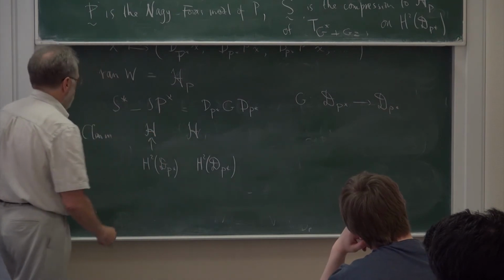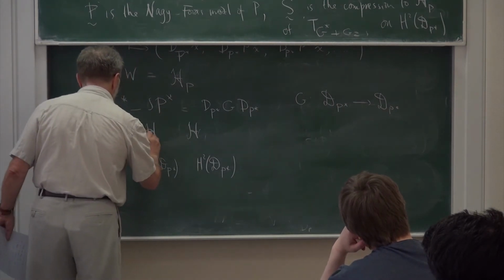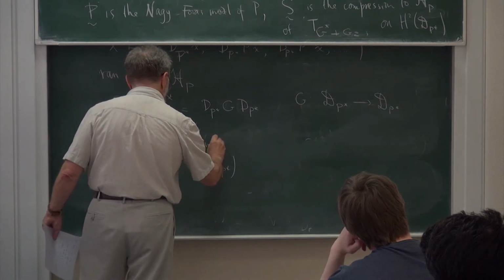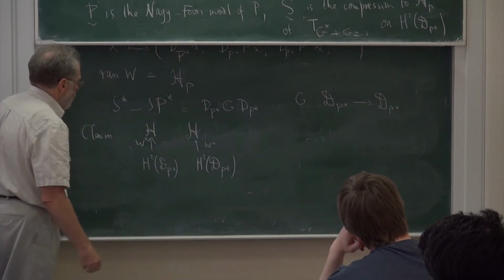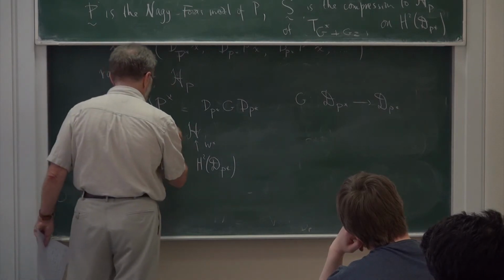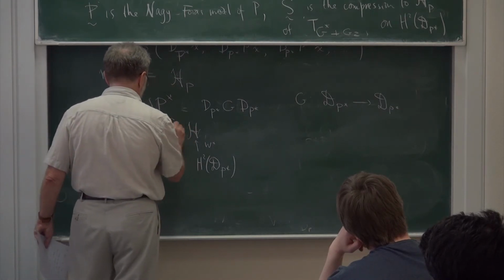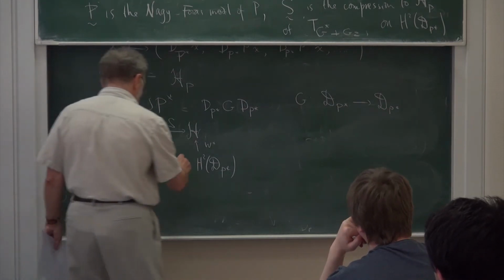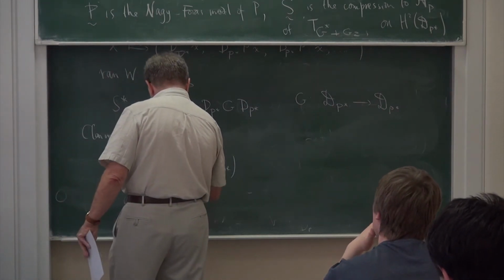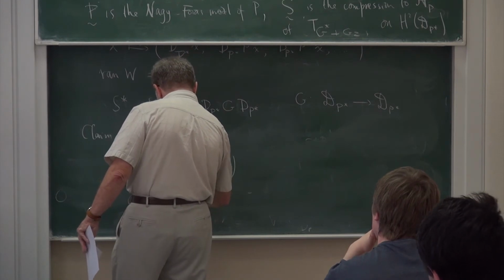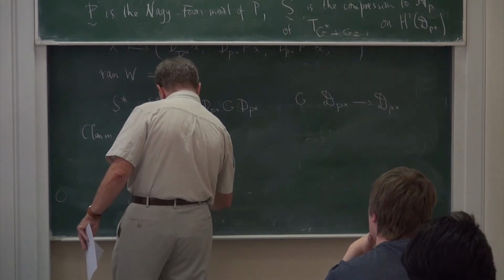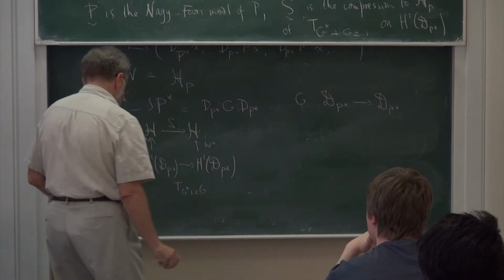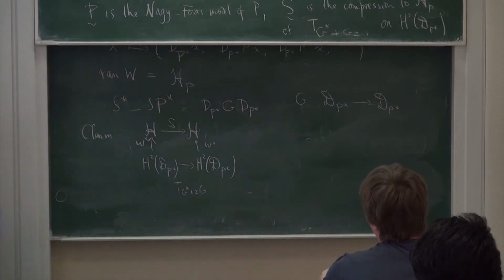W is an isometry, so W* is a partial isometry from the range of W into H, and we've got our operator S here, and we've now got our operator T of G* plus ZG down here.